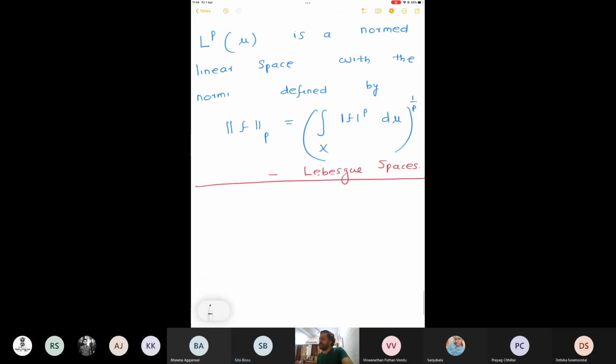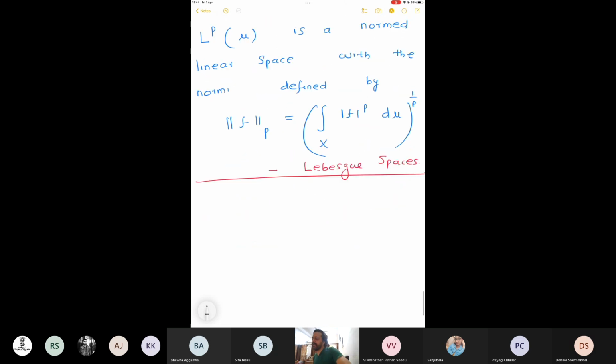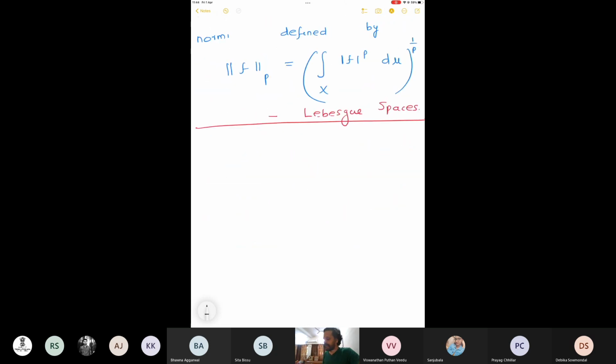Now, I have missed a few real numbers. p, I am taking from 1 to infinity, with 1 excluded. Why is 1 to be excluded? Why not take p equal to 1? Now let us consider that, because that's easier. That's why I avoided it at first. Now let us consider L1 mu. What is L1 mu?